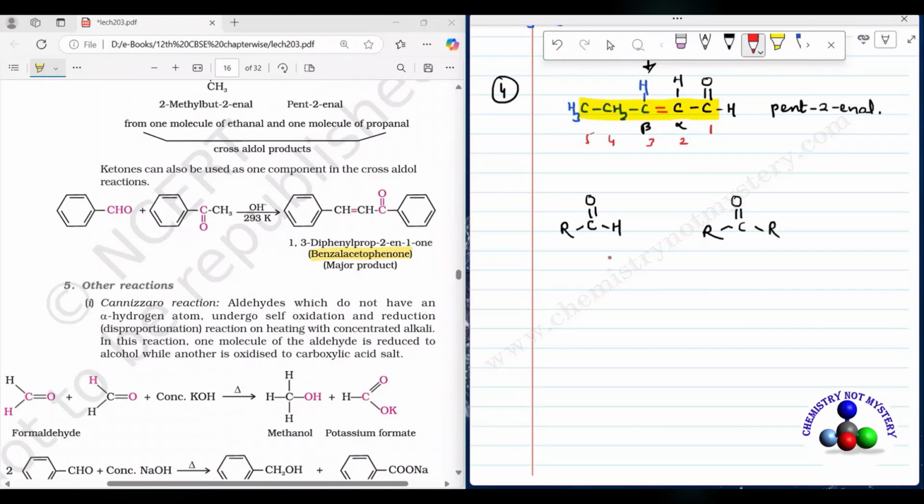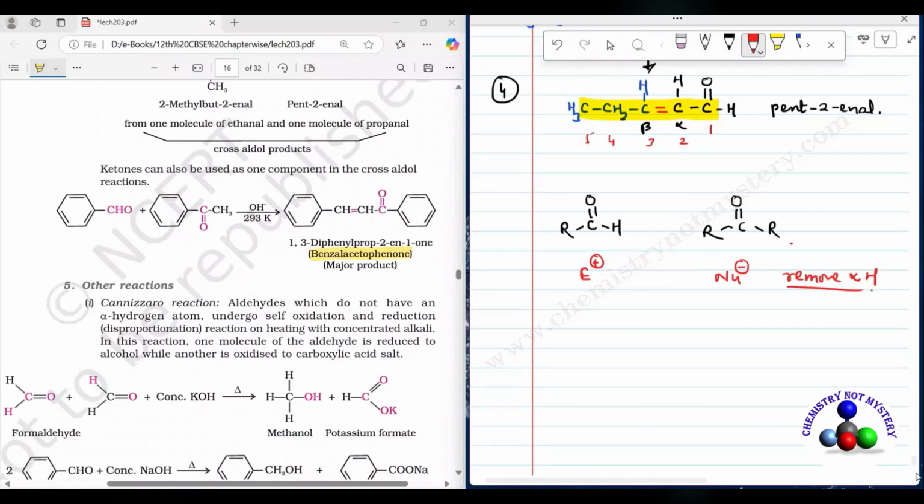We know aldehydes are more reactive towards nucleophilic addition reaction. So ketone will act as a nucleophile, meaning you have to remove alpha hydrogens from the ketone. So we need to remove alpha hydrogens from ketone, and that ketone will act as a nucleophile.